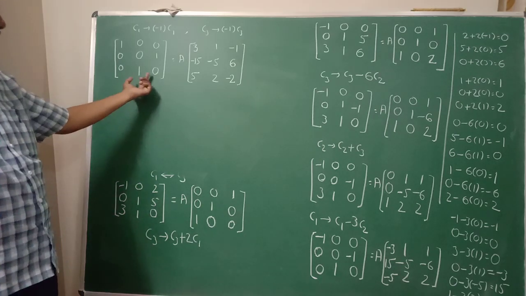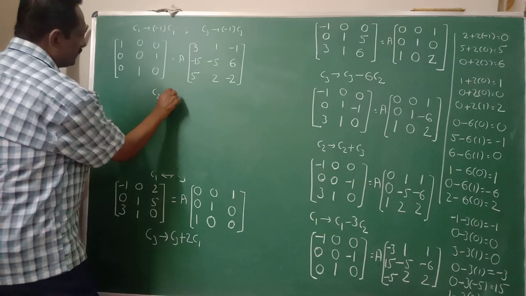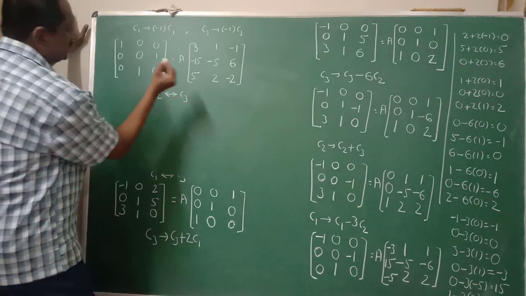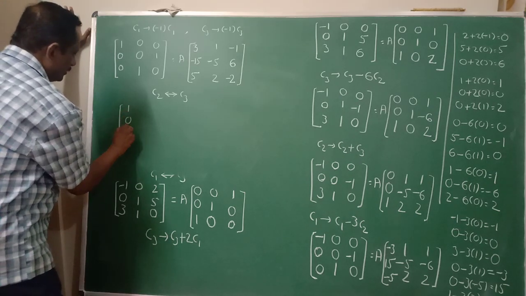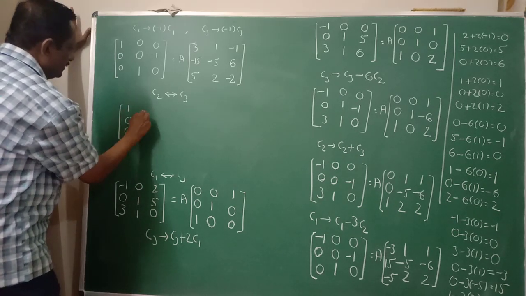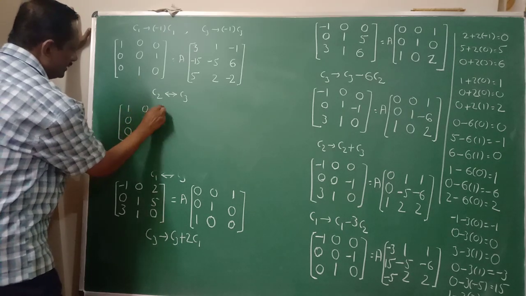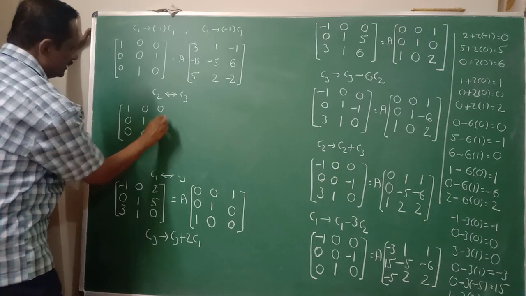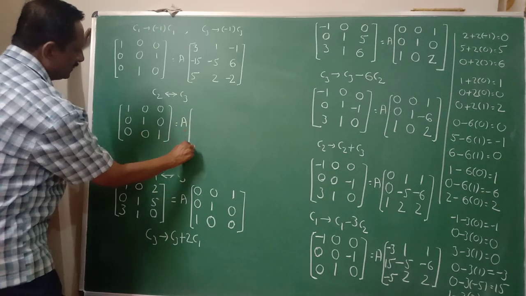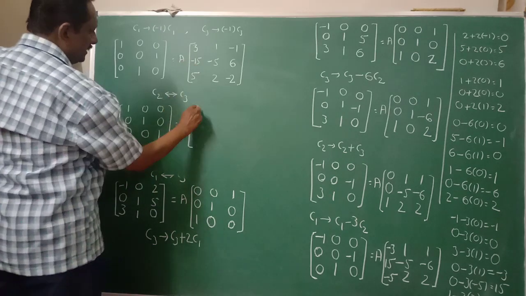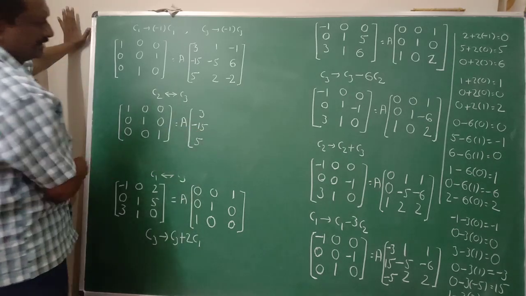Next, interchanging these two columns, C2 with C3. Therefore 1, 0, 0; then 0, 1, 0; then 0, 0, 1 equals A into the matrix 3, minus 15, 5.